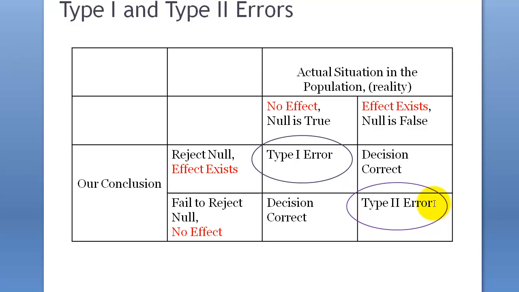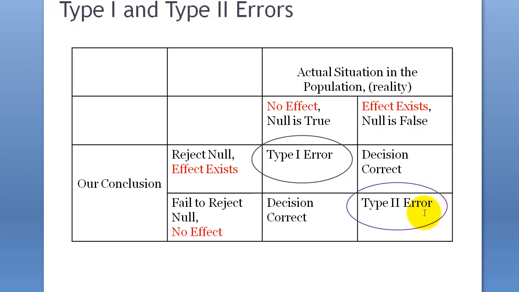Because it could have been a major breakthrough, like Rogaine, for example, or Viagra. If we made a type 2 error and concluded that there's no effect, failing to reject the null hypothesis and keeping it, then Rogaine or Viagra wouldn't have made it into the market, so people couldn't have enjoyed the benefit of those.